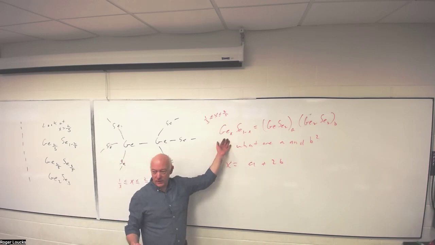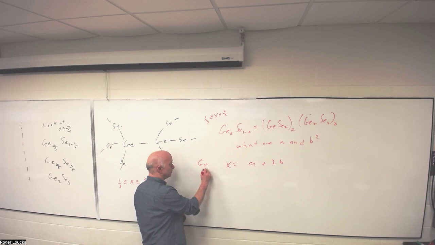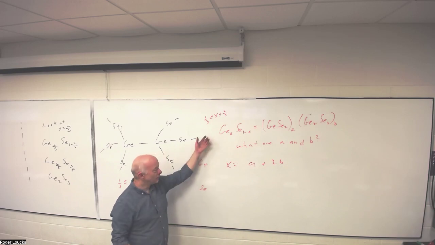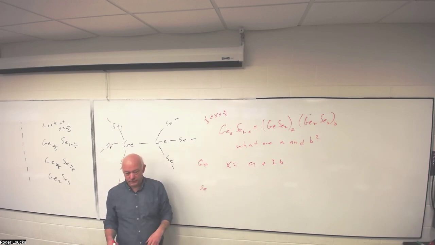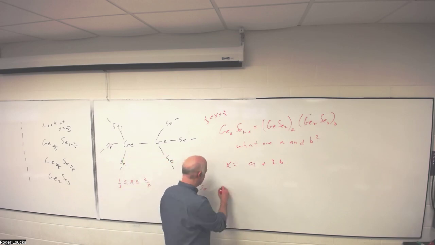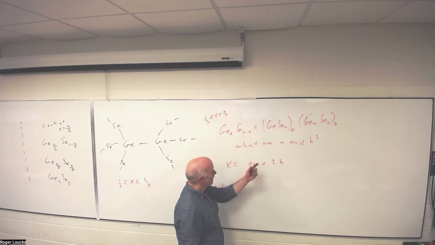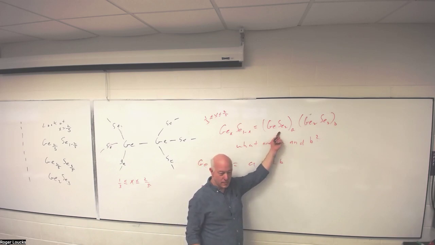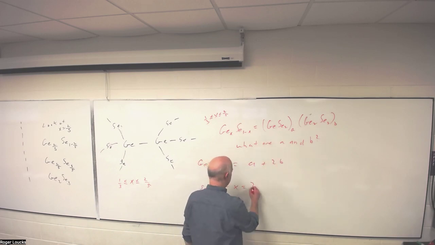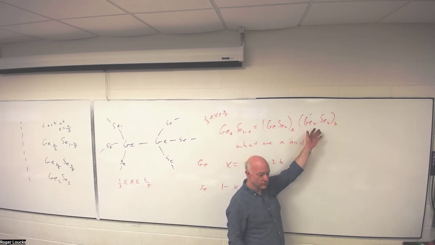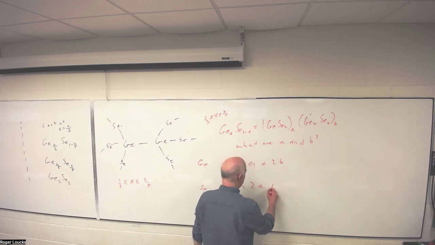On this side here, how much selenium? 1 minus X. For this term here, what do we have? 2A. For this term over here, 2B plus 3B.